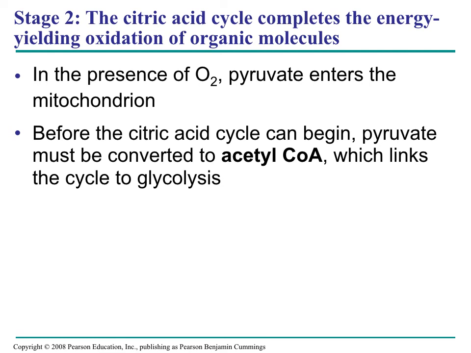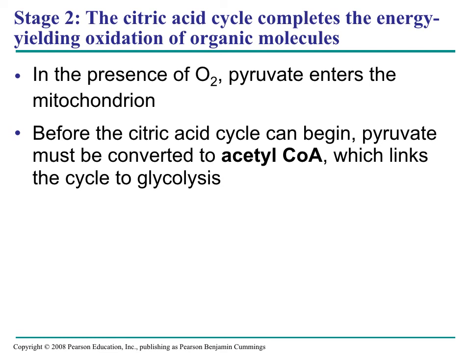All right, so the next stage is the citric acid cycle, which completes the energy-yielding oxidation of organic molecules. This is where you break pyruvate down into carbon dioxide in the presence of oxygen. And again, this occurs in the mitochondrial matrix. Before the citric acid cycle can begin, pyruvate must be converted to acetyl coenzyme A, which links the cycle to glycolysis.